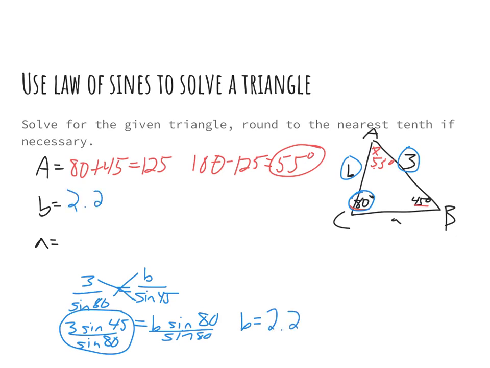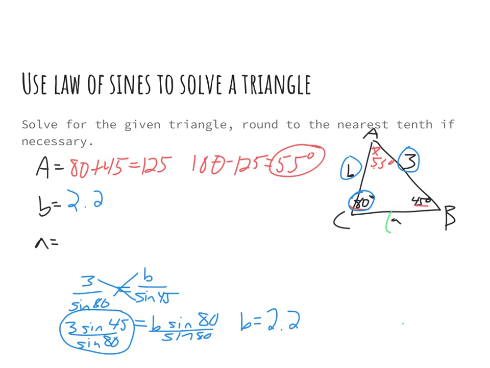If you don't close the parentheses, the calculator thinks you want the sine of 45 divided by the sine of 80, and that's not what we want. You're going to get the wrong answer, so make sure you close the parentheses.